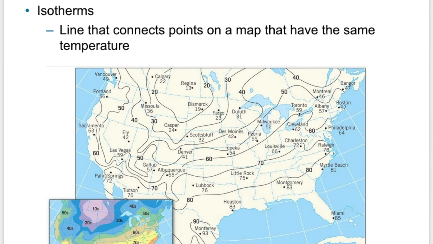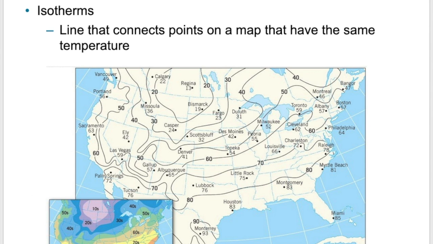So the large map shows high temperatures for a spring day. Isotherms, again, are lines that connect points of equal temperature. And on television and in many newspapers, temperature maps are in color as shown here in the inset map, and rather than label the isotherms, these maps label the areas between isotherms.